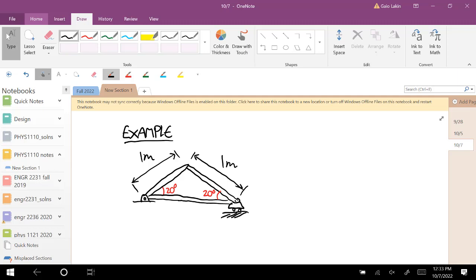And let's say that the mass of the horizontal one is 40 kilograms. The mass of the two diagonal ones are 30 kilograms each.